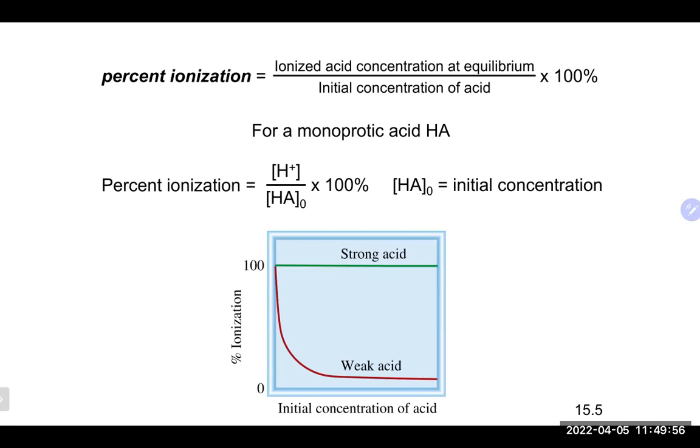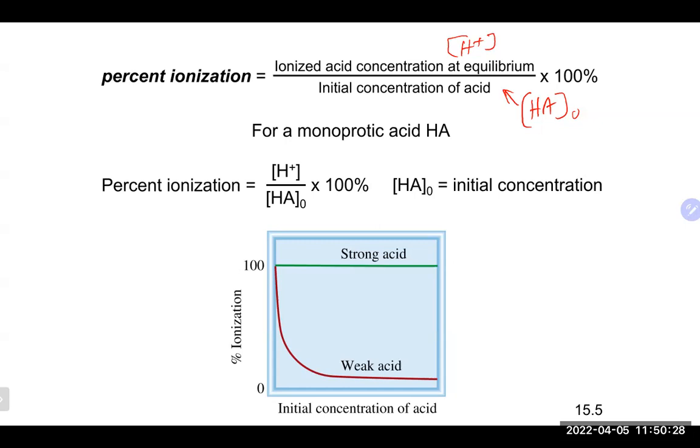So when we check our assumption, we take the X value that we got and we divide it by what we were going to subtract it from, which is the initial concentration. So to calculate the percent ionization, you take the concentration of H plus divided by the initial concentration of the acid, and you times it by 100%. And again, that'll tell you how much the acid really broke apart.